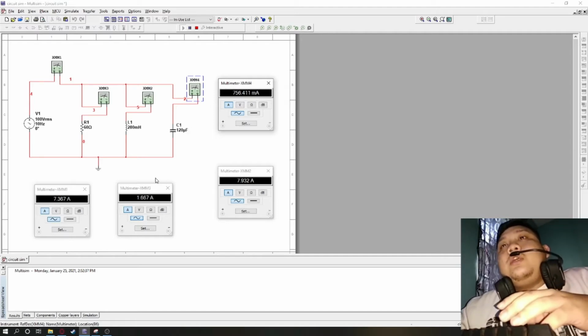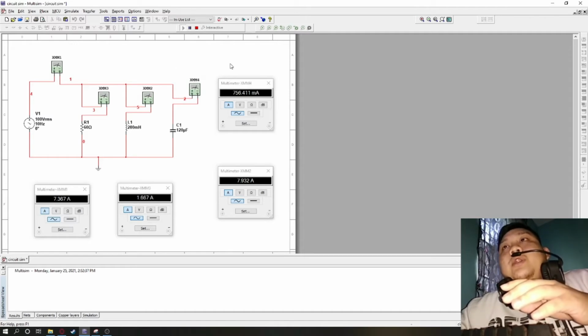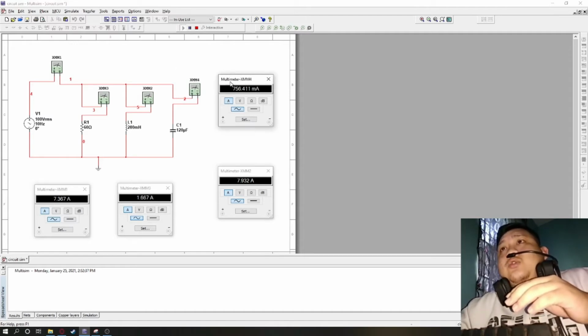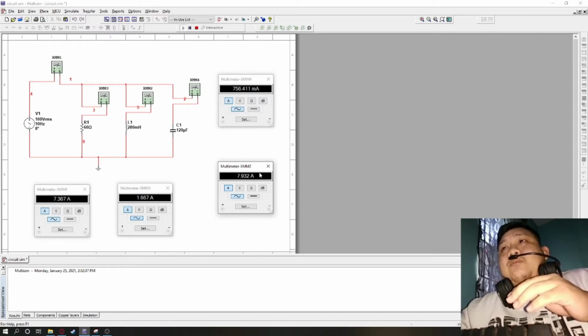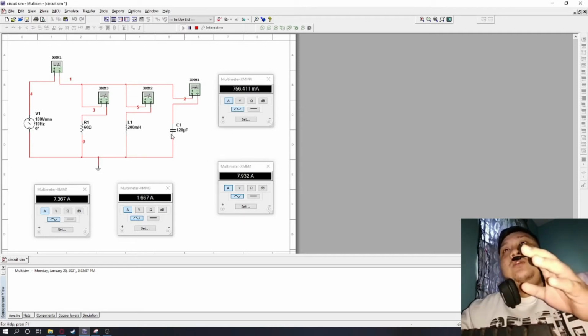According to the theory, in resonance state, the current for L1 and C1 should be the same, which is IL1 equal to IC1. As you can see, this is not the same current value.